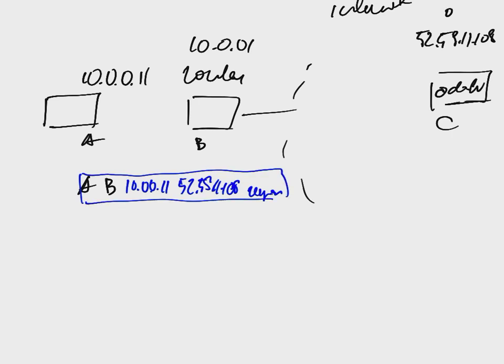And such an Ethernet frame is sent to this router, and the router checks the IP data of this Ethernet frame, and it sees that it's not locally reachable, so it needs to be forwarded.